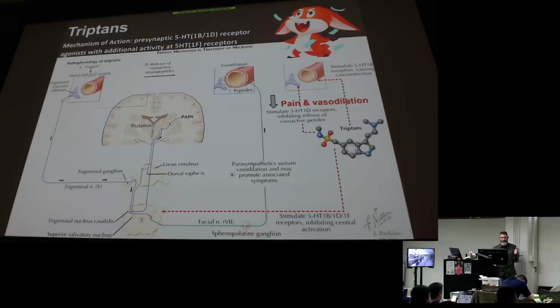Starting at the top left, you get that trigger, and below that, the trigeminal vascular afferent pathways are activated, and then we go over into the spinal cord, and then into the trigeminal ganglion, and we're sending pain up into the brain. That explains why the triptan's action is to prevent that pathway.